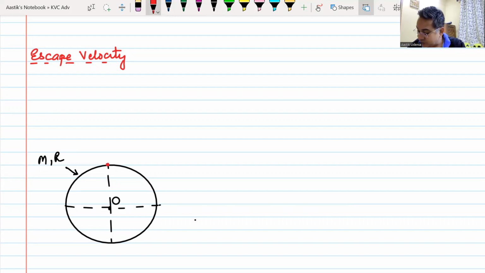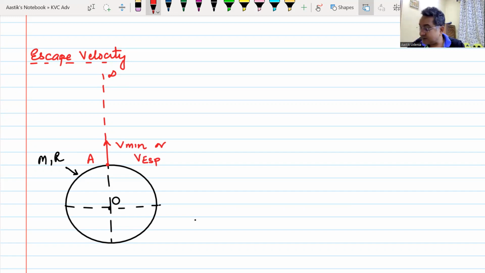So what you are going to do is you will have a small body of mass m on the surface of this planet, and you are going to project it with a velocity v. What is the minimum velocity I must give so that it escapes the gravitational pull of Earth and goes to infinity? Do we understand this? That v minimum is known as v escape, or v_e, the escape velocity.